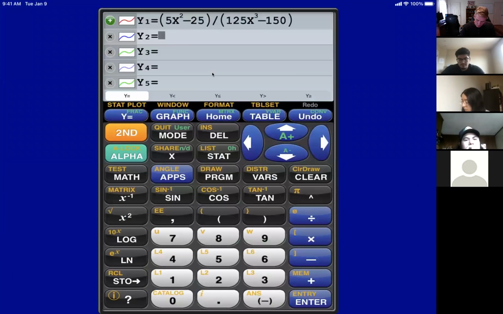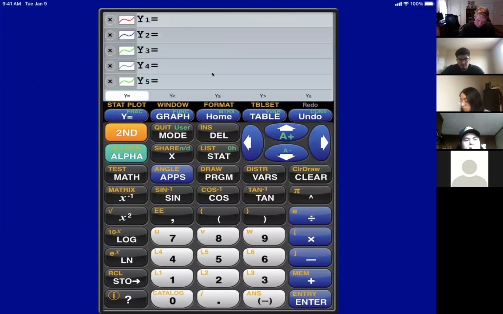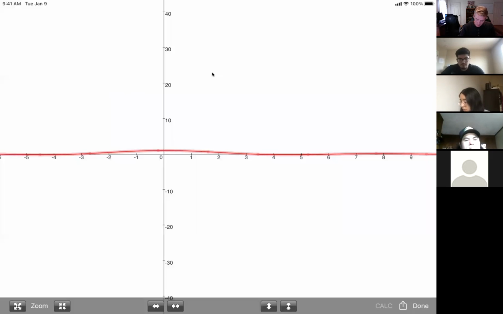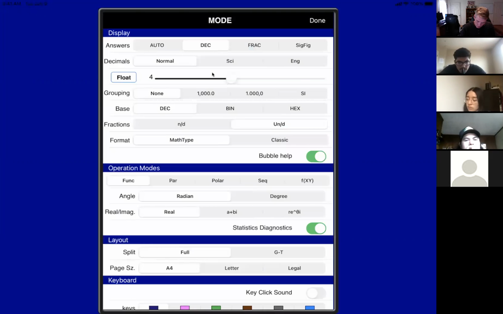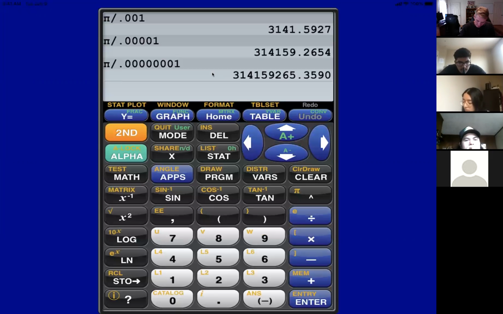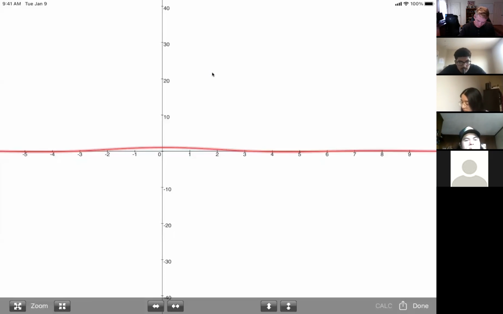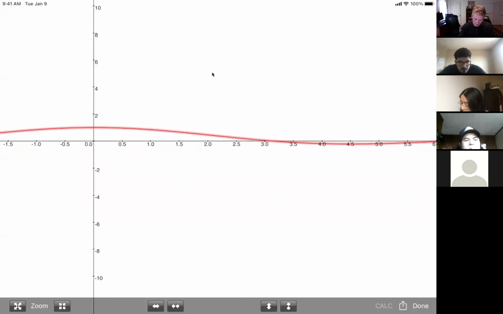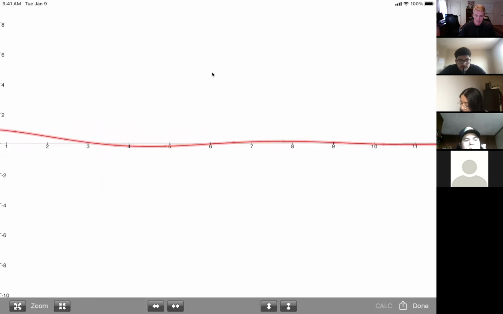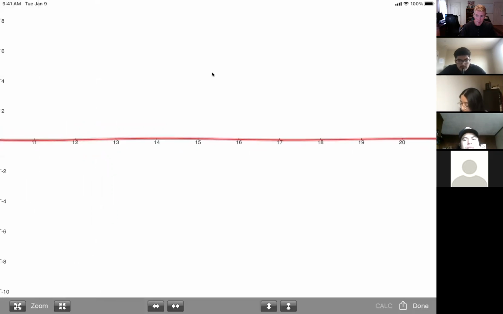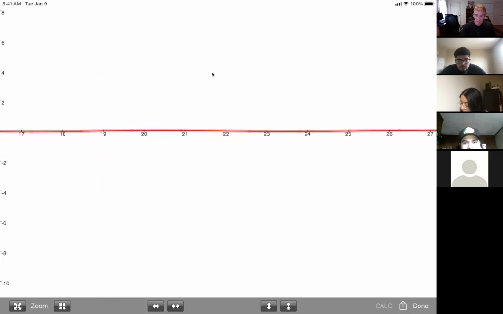So y equals sine x divided by x. And then look at the graph. Let me make sure it's in radians. Oh yeah, it's in radians. So if you look at the graph and follow it to the right, it's getting smaller and smaller.